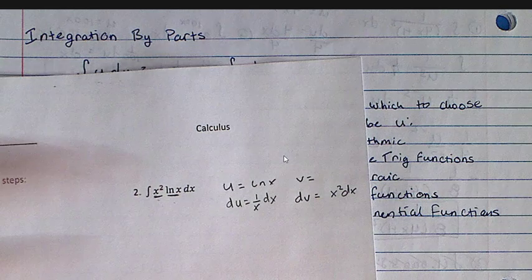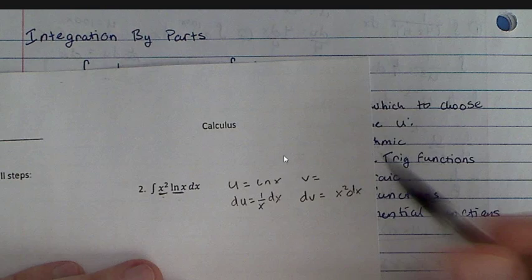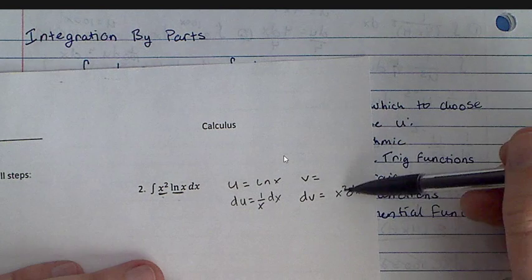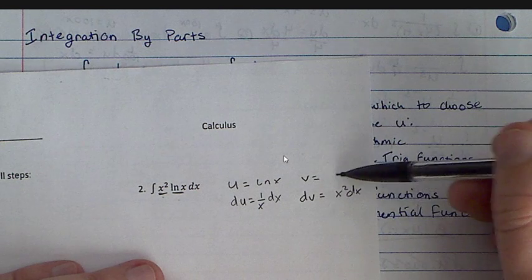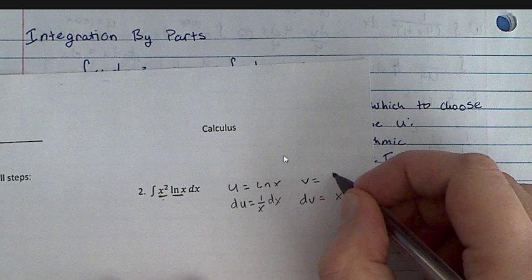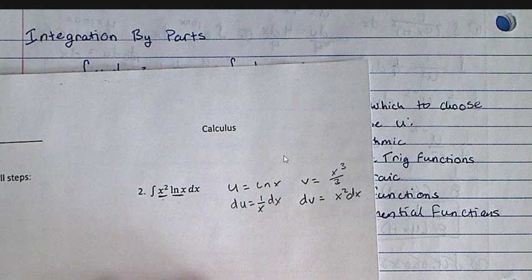Because the antiderivative of 1 over x is the natural log. Back over here, this is x squared, so we have to do the antiderivative of x squared. x to the third over 3.